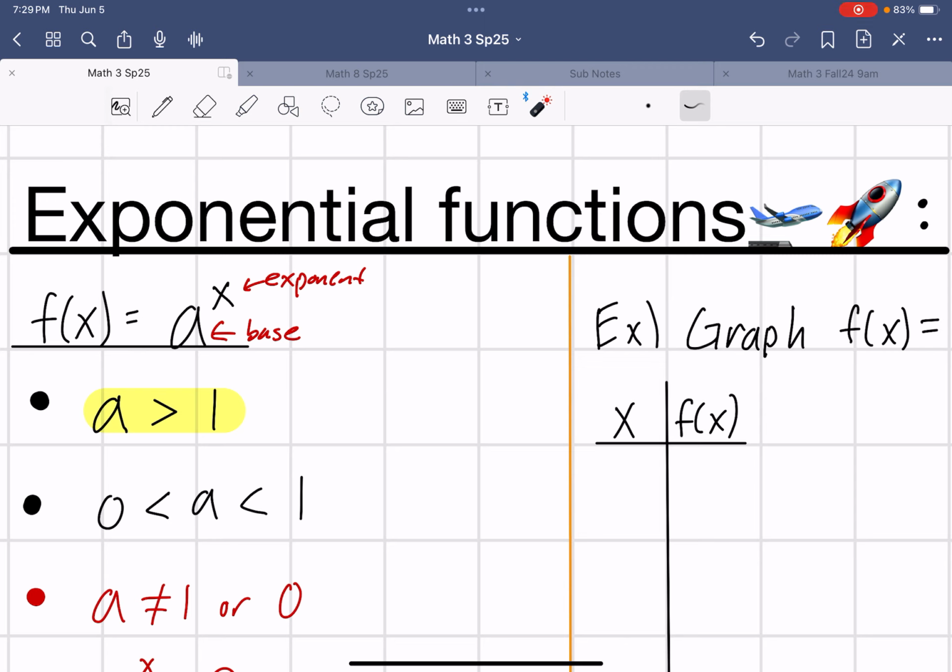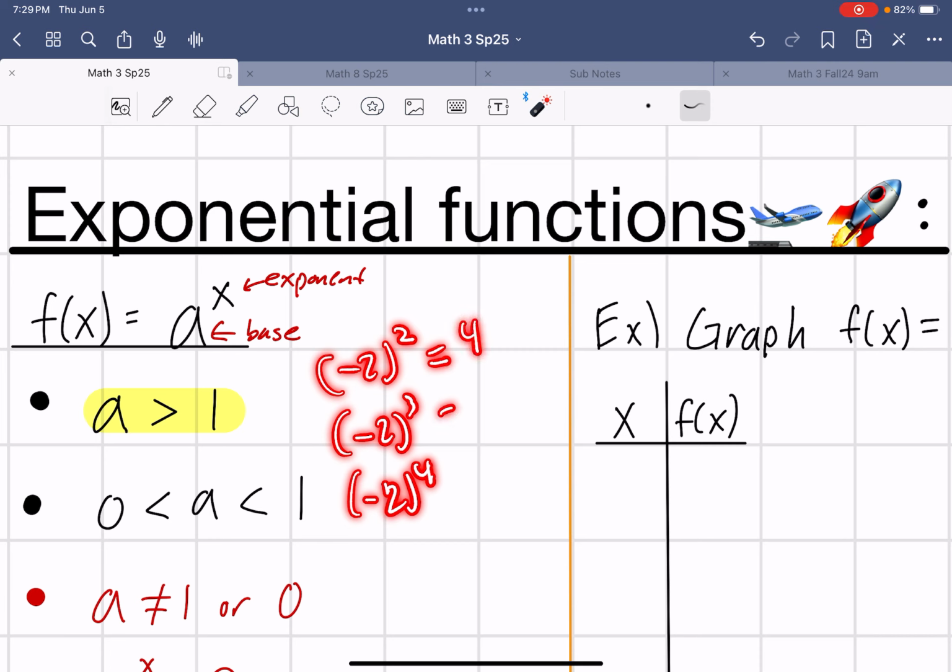And you also don't want it to be negative. The base can't be a negative number because as you choose different x values, let's say, for example, negative 2 squared versus negative 2 cubed versus negative 2 to the 4th, the answers are going to be alternating signs.